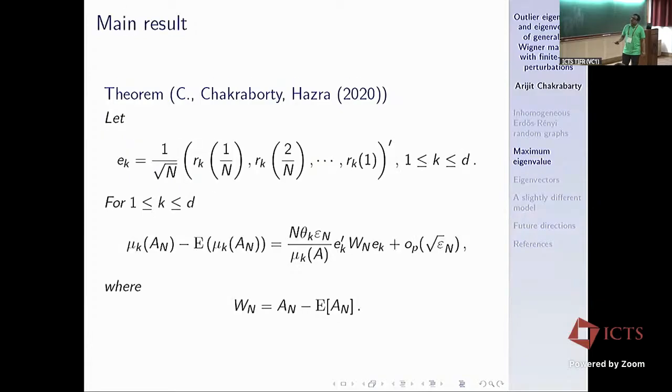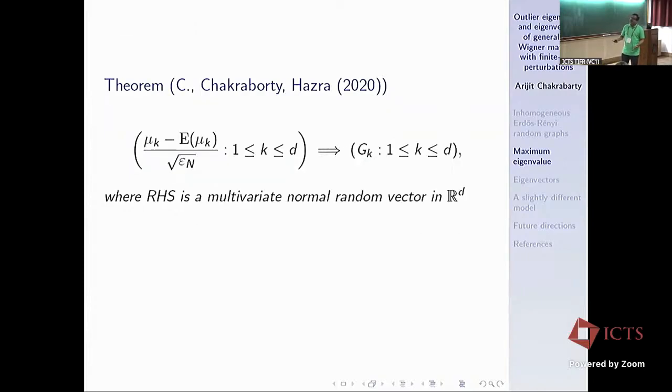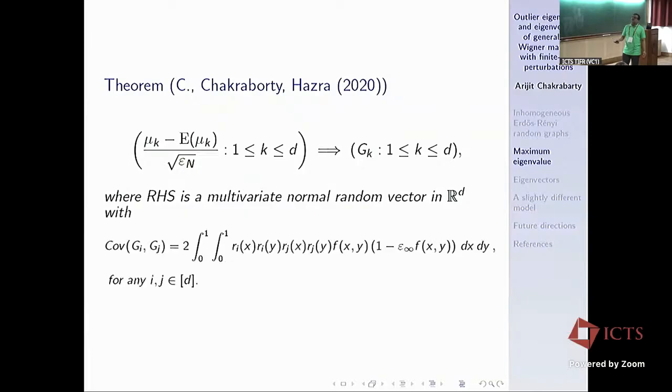As a consequence, the top D eigenvalues centered by their expectation have a jointly Gaussian limit. If you look at mu k minus expectation mu k, scaled by square root of epsilon n, it has a multivariate normal limit, and there is a description of the covariance as well.